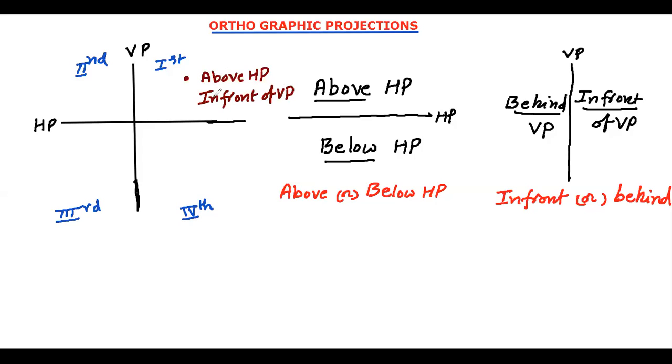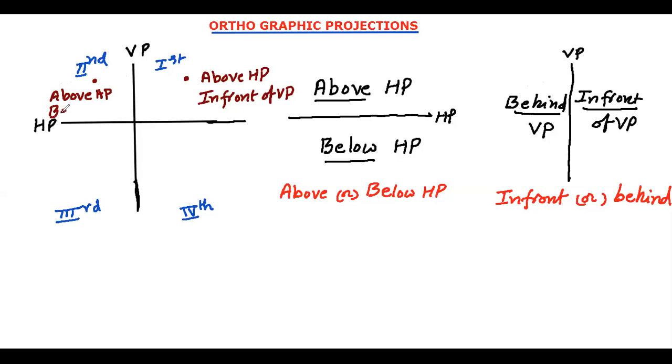Okay, dosto. Now go to the second one here. Suppose I have a point somewhere here. Again, with respect to HP, it is above HP. With respect to VP, on this side, what do you call that? Behind VP.